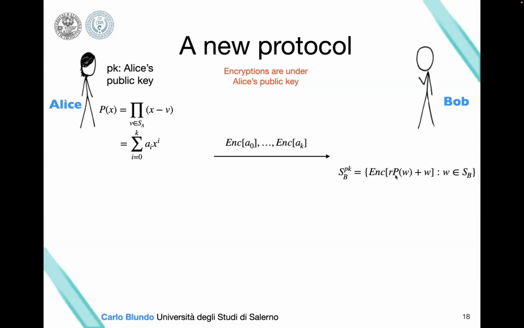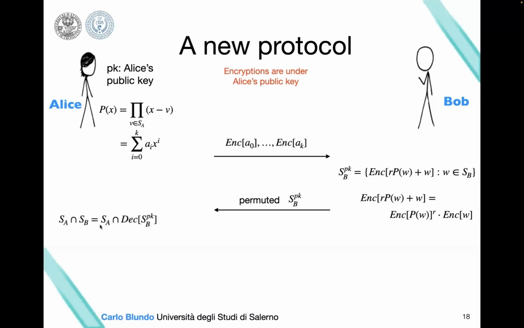He evaluates the polynomial P in W, multiplies it times a random value R, and adds his value W. We can do this in a simpler way, as the sum is the product and the product is the power. So the encryption of the polynomial evaluated in W can be computed as we've seen in previous slides, and then we can just raise this value to the R.